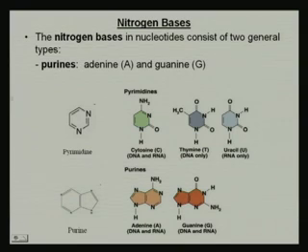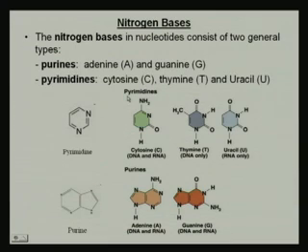If we look at the nitrogenous bases in a nucleotide, they consist of two general types. One is the purine, another is the pyrimidine. Now, if we see the structure of purine and pyrimidine, pyrimidine is a nitrogen-containing heterocyclic molecule.